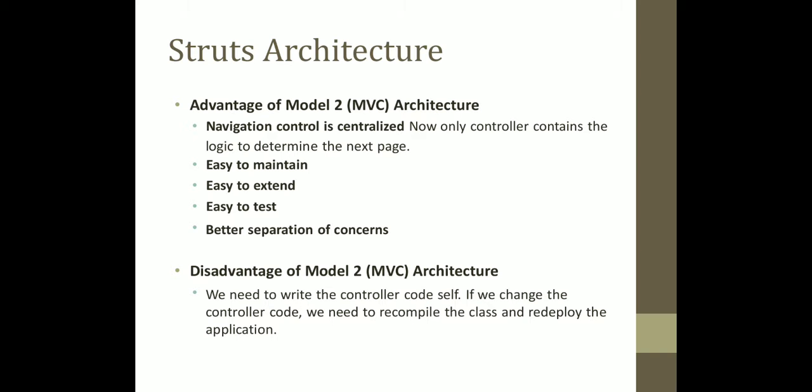So if there are any changes that we make in the struts.xml file, then we have to change that controller code, plus we need to recompile the class and redeploy the application. So these are the disadvantages of MVC architecture.